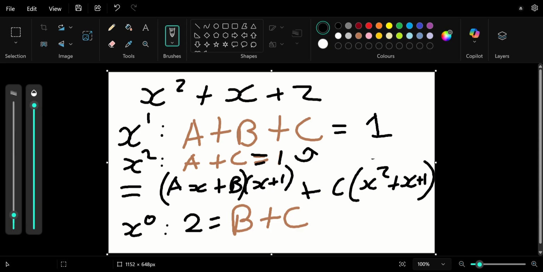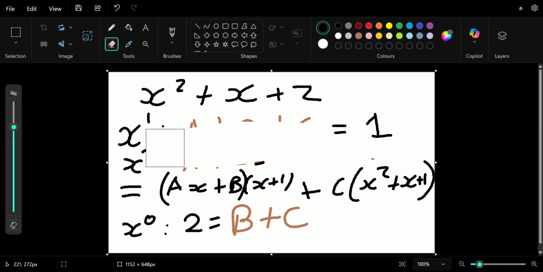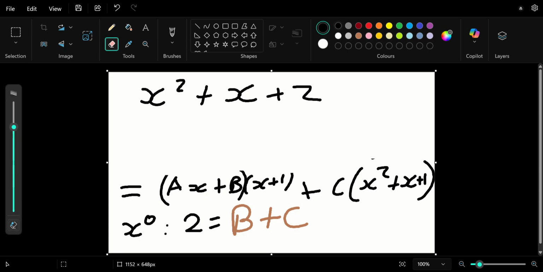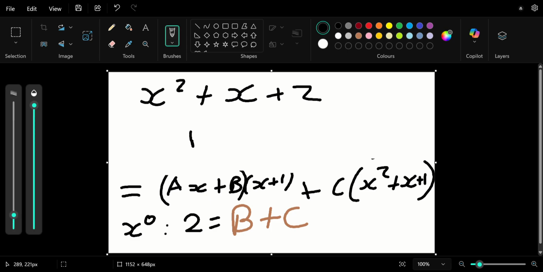And what we will get there is b plus 1 equals 1. So let's make some more space. And therefore, we know that b has to be 0.